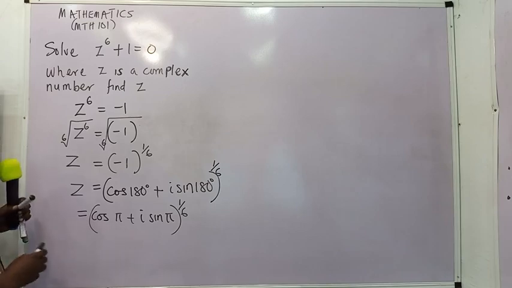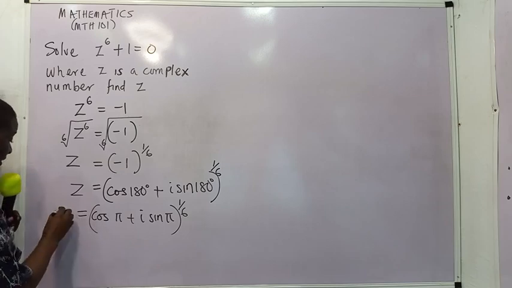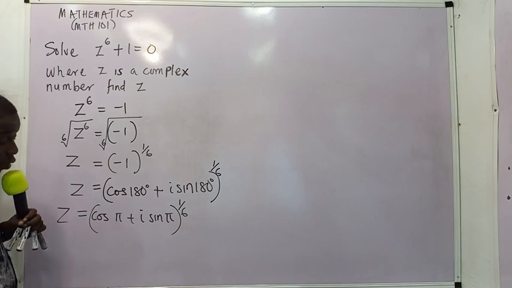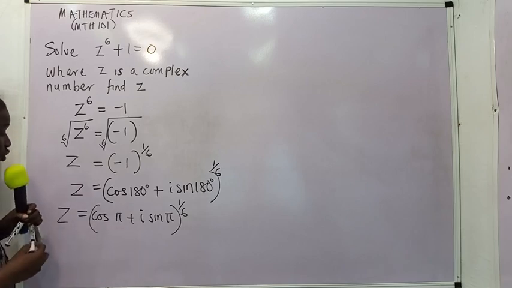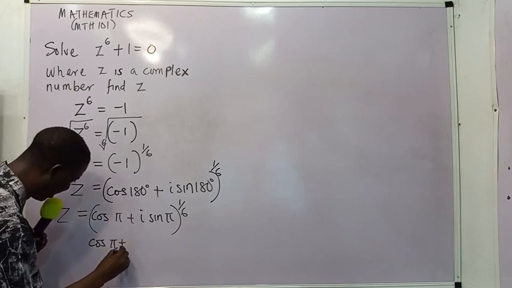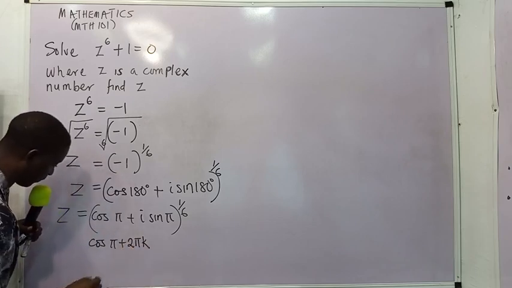Now, if you want to use De Moivre's theorem to get all possible values of the 6th root family, all the existing values of this particular root, what we are going to do is introduce the function that can solve all the other ones, which is 2 pi k.